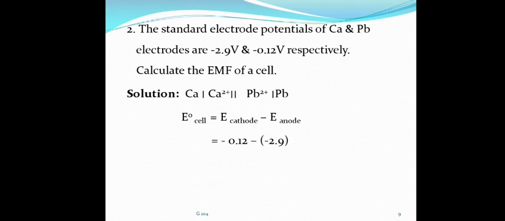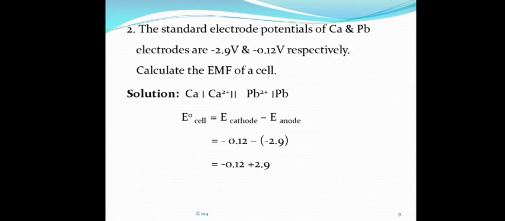The value of E cathode is minus 0.12, written as it is, minus the electrode potential of calcium, minus 2.9. Minus of minus 2.9 becomes plus 2.9.